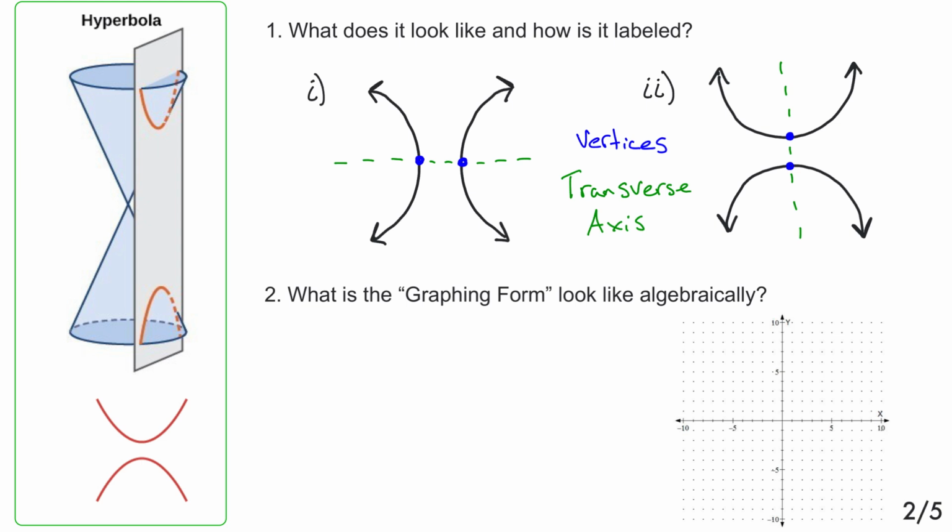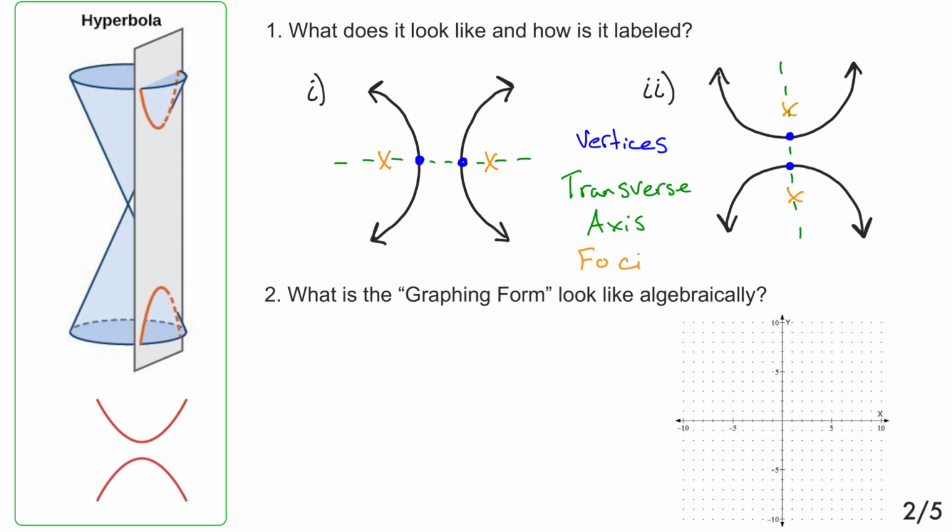And then the last key feature that we're going to talk about, which should come as no surprise, are these special locations inside of the function, inside of the curvature, that are called the foci.